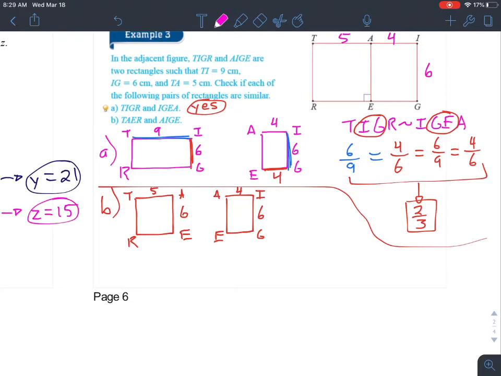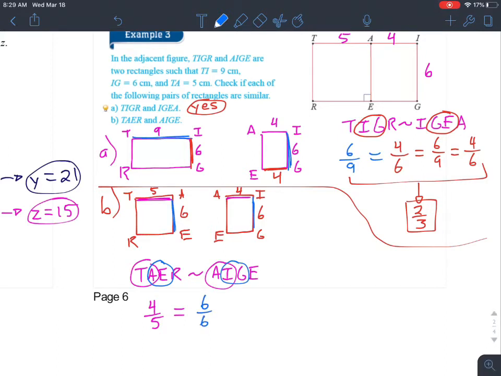The reason, because of how it told us that they line up, it said that TAER and AIGE. So TA is supposed to line up with AI. So if we do second divided by first, 4 divided by 5, that then is supposed to be equal to AE and IG, their ratio.